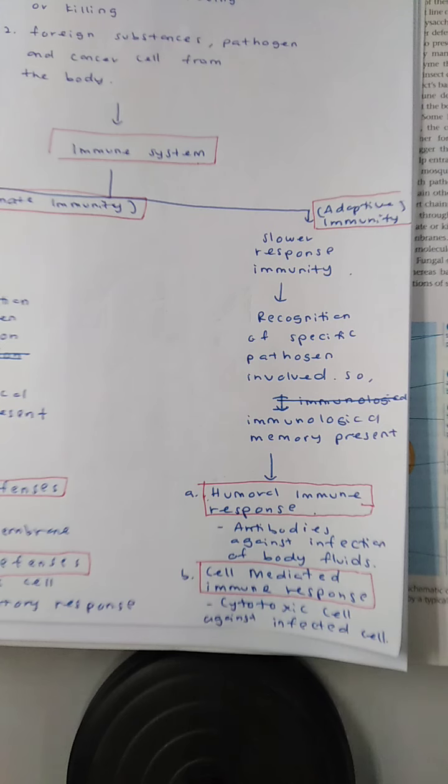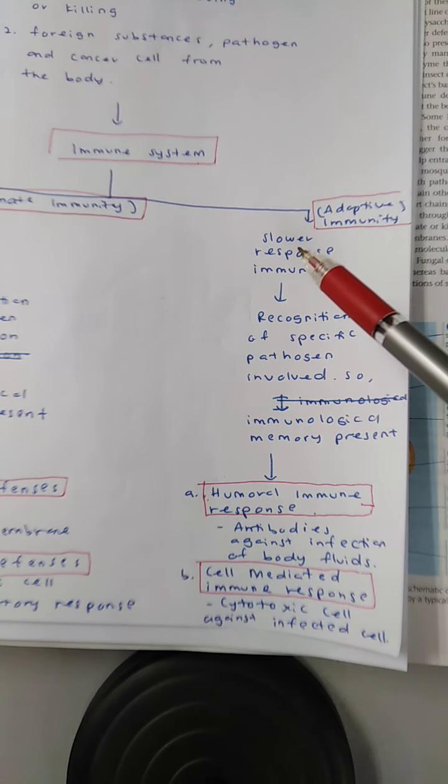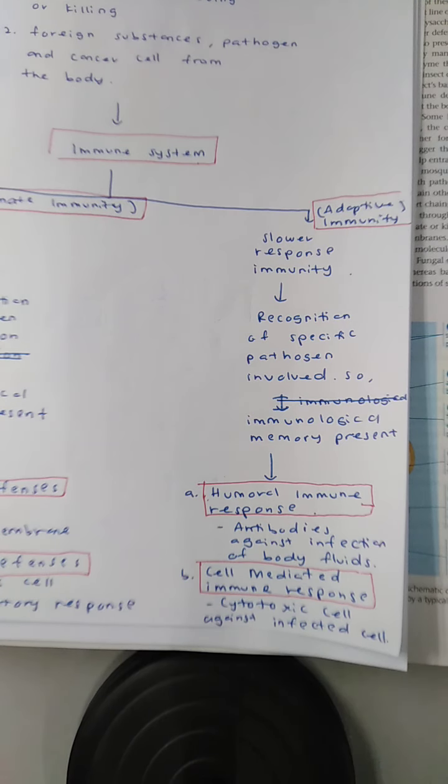Mana-mana infection of antigen tersebut akan menghasilkan immunity yang tindak balasnya lebih perlahan. Kenapa tindak balas ini perlu lebih perlahan? Sebab adaptive immunity melibatkan recognition of the specific pathogen. Highlight perkataan recognition of the specific pathogen.